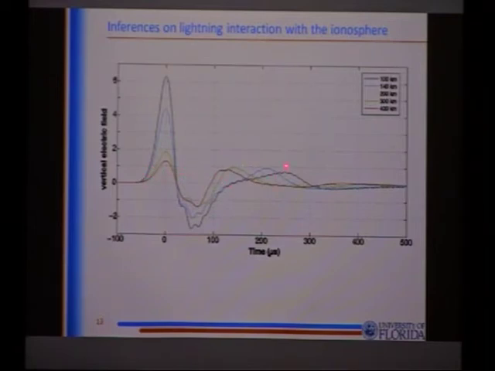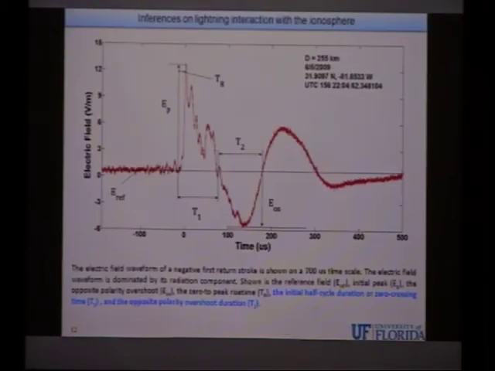And this second positive half cycle appears to be at different positions in time. As distance increases, it moves closer and closer to the initial half cycle, indicating that this is indeed ionospheric reflection. These calculations were performed by Steve Kammer of Duke University as part of our collaboration on this subject. And these calculations are for daytime conditions, similar to what we observed in experiment.